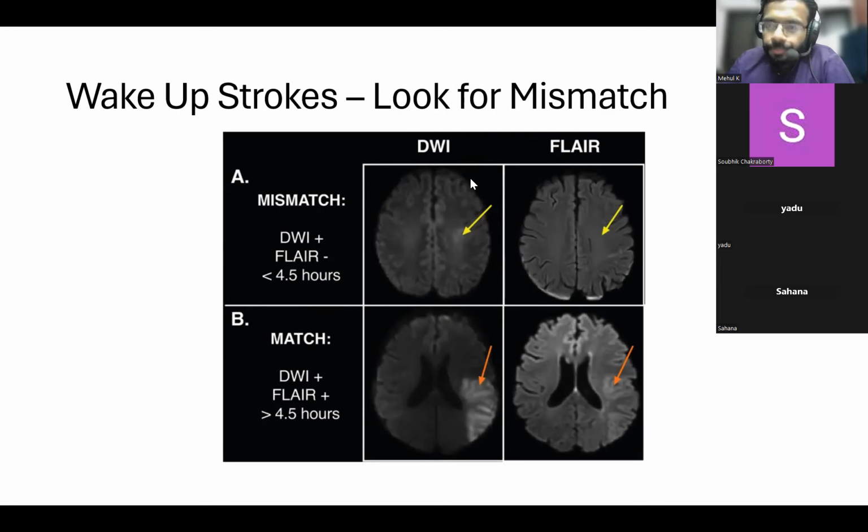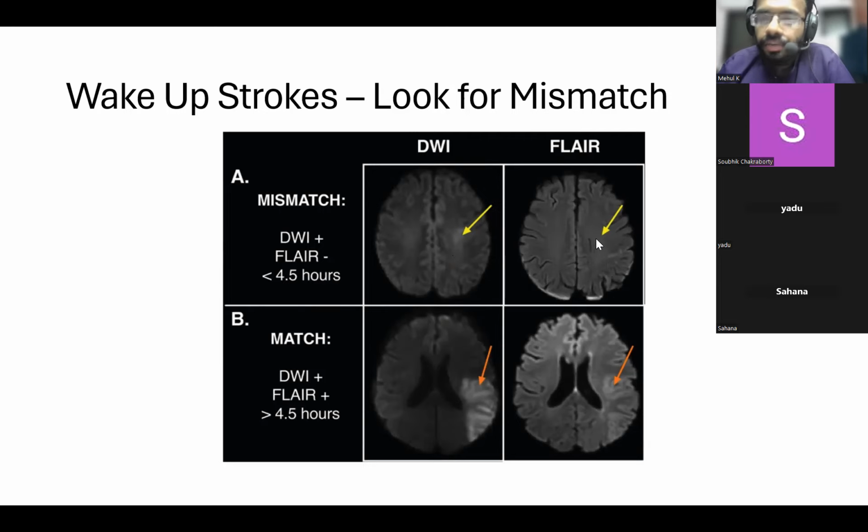A patient is coming with a wake-up stroke. We are not actually sure when the actual onset of the stroke was, whether it was less than 4.5 hours or more than 4.5 hours. So you do an acute MRI. This is one of the indications for acute MRI in the ED for stroke. You look at the diffusion weighted imaging and you see an infarct. Then you look at the FLAIR images.